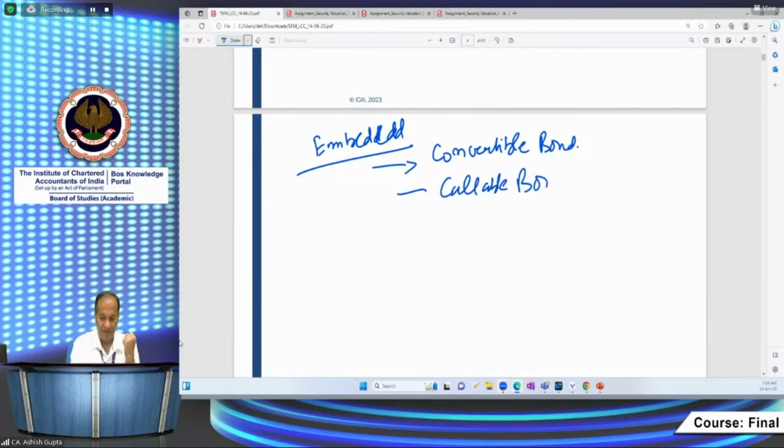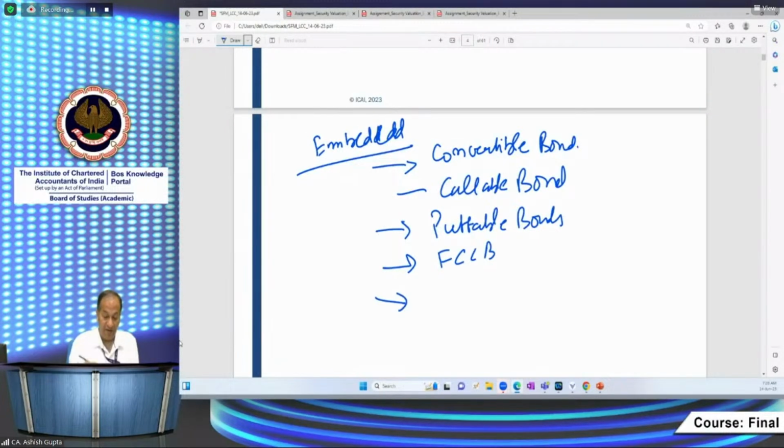Convertible bonds give the right to convert the debentures or bonds into equity shares. Now next is the puttable bond. Next is foreign currency convertible bonds, where the bonds are in a foreign currency. There is another term we have discussed, the masala bond, because they are denominated in rupees but issued outside India. This is a new term that has recently come out, and it is now very popular because I think 3 to 4 or 4 to 5 companies have already issued the same.